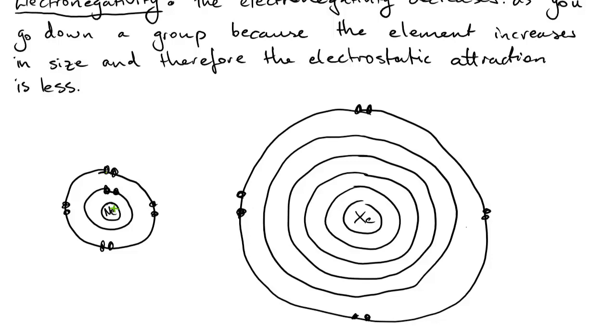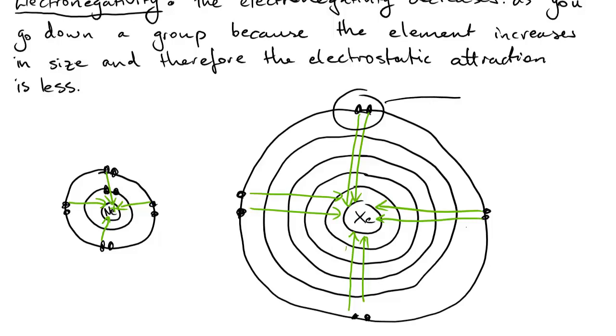So these outer shell valence electrons, the distance towards that nucleus is much smaller. The distance, however, of the xenon to those valence electrons is really far out. The diameter becomes incredibly large. And so what ends up happening with xenon and with other very large noble gases is that these electrons can actually be more easily lost.